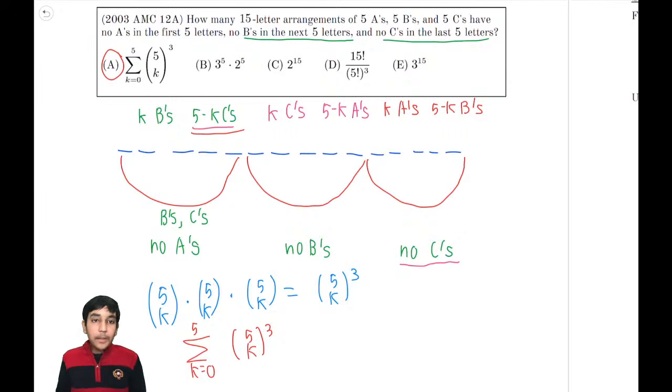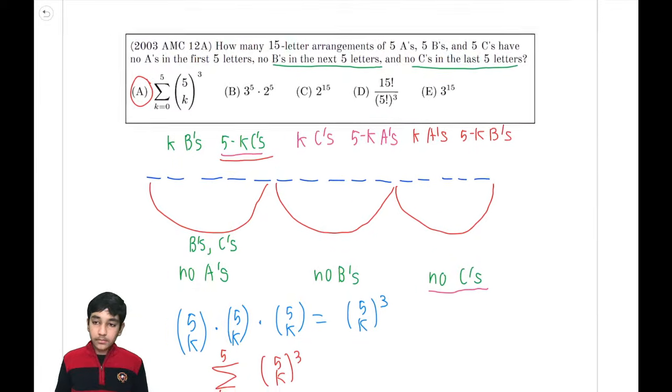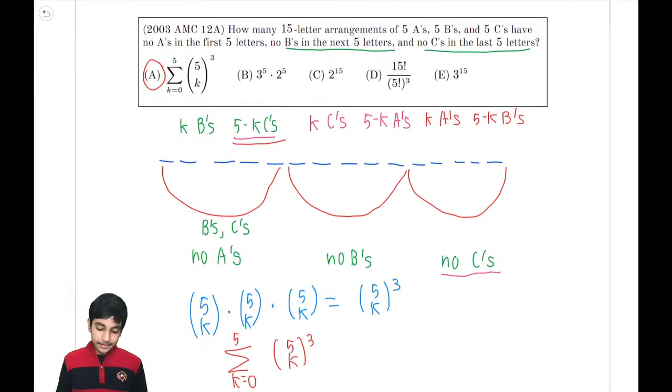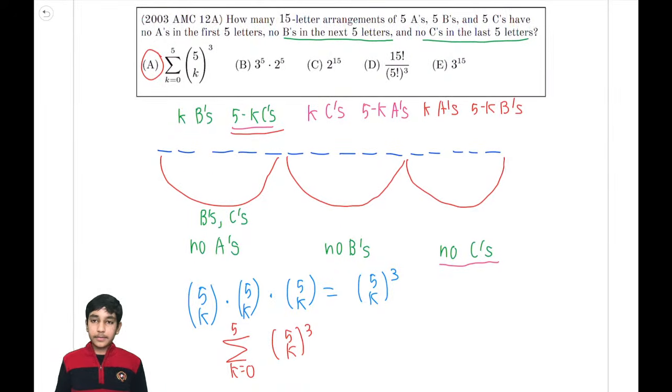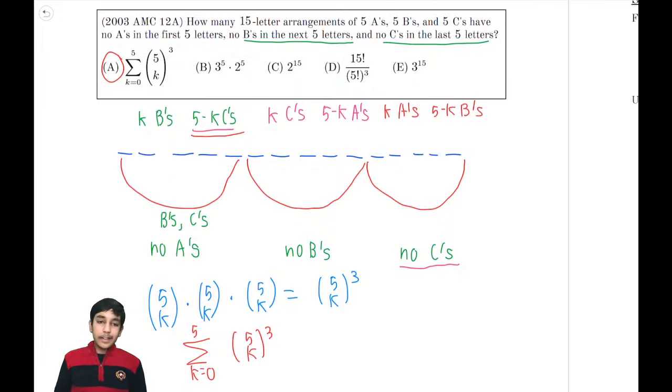And then we sum over it all from K equals 0 to 5, because we can have anywhere from 0 to 5 of the letters. And I think this is a really nice solution. It's great to know that such nice solutions exist for this problem.